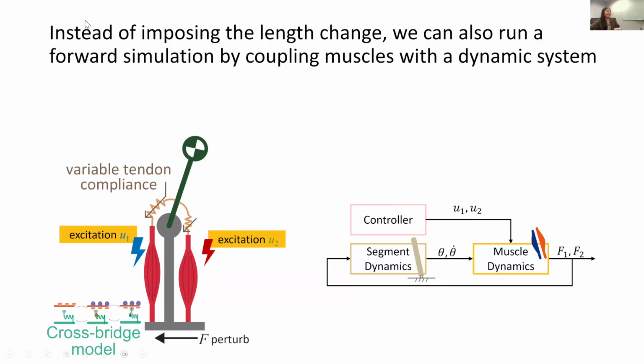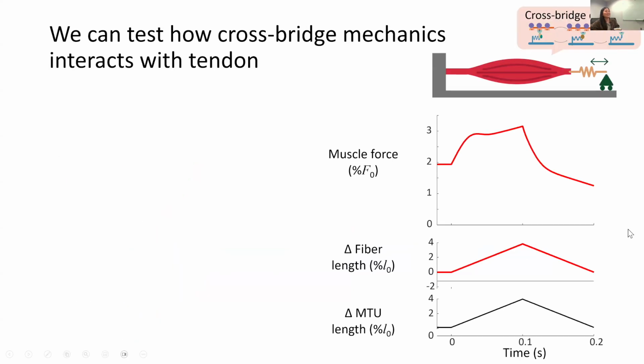And we can also test the effect of variable tendon compliance by connecting our cross-bridge muscle model to tendons of different compliances. Because it is fun to look at, let me just show some of my results. So this is how much force is developed when you simulate your muscle like what we just did.